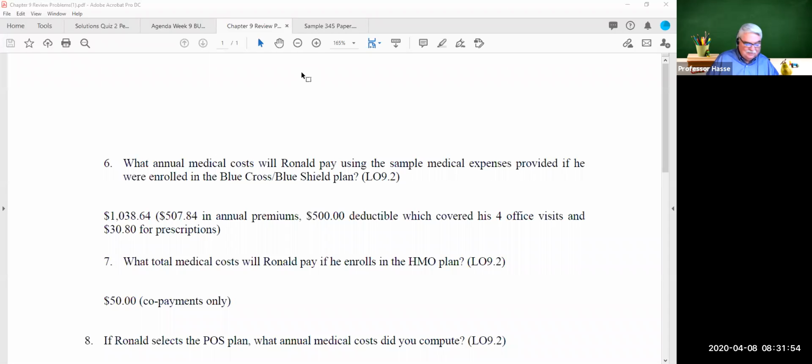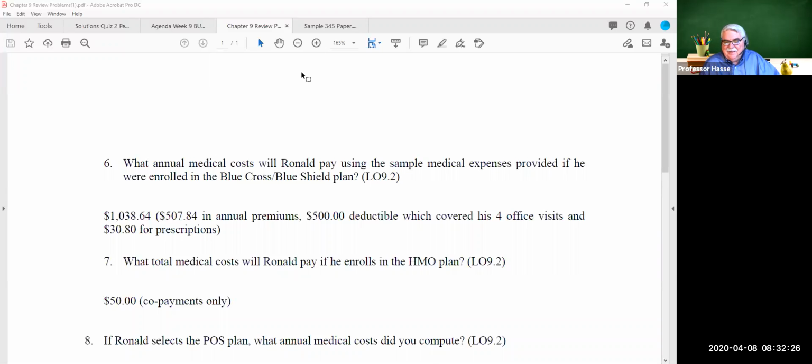Well, in question 6, it says, what annual medical costs will Ronald pay using the sample medical expenses provided if he enrolls in that private insurance plan, Blue Cross Blue Shield? Well, if you have monthly payments of $42.32 in that plan, that's $507.84 in annual premiums, plus you have a $500 deductible, which covers 4 office visits and $30.80 in prescriptions.